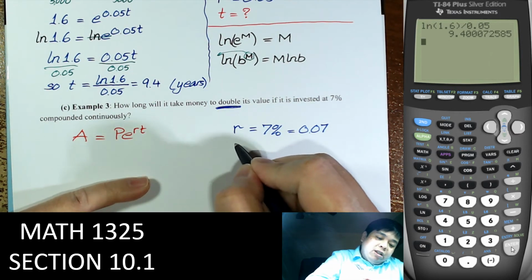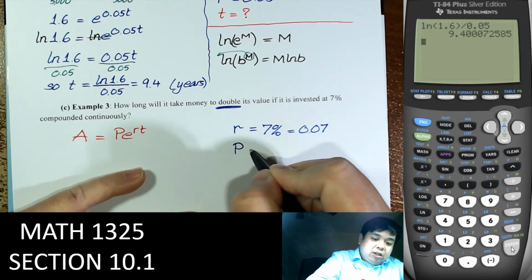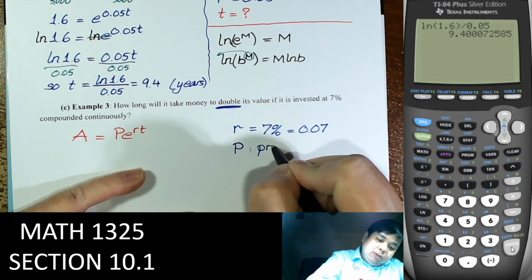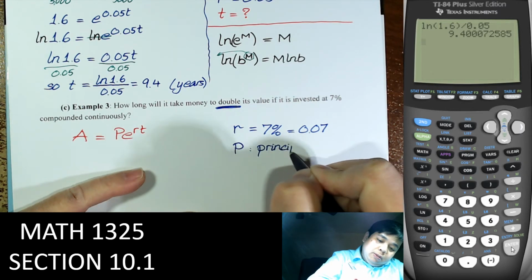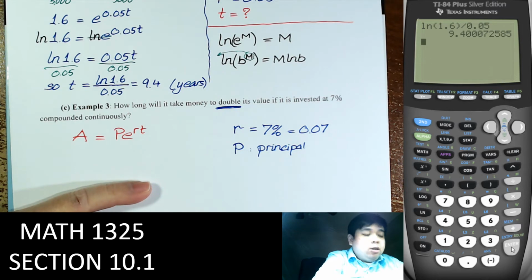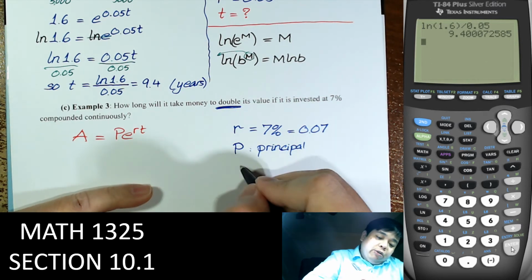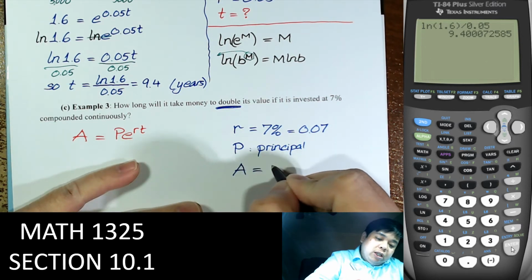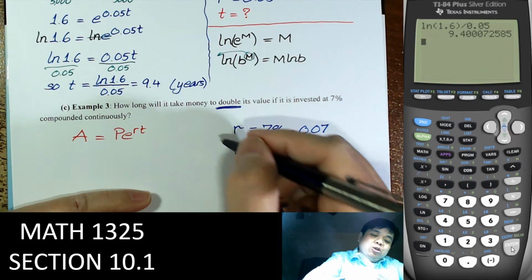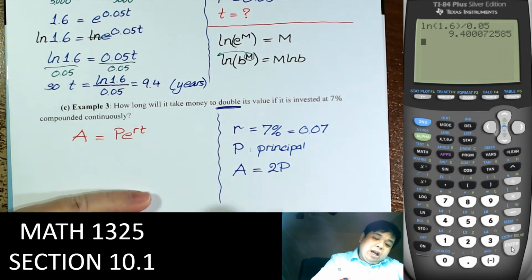So if we invested P dollars, P amount, so the principal, then the future value is going to be twice the principal, and that will be enough for us to solve our problem. Now substitute everything here.